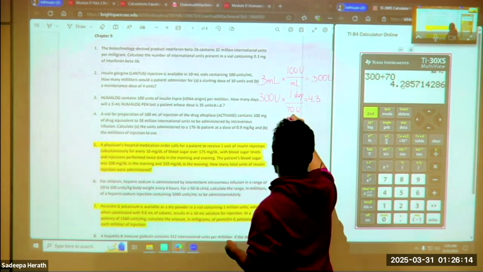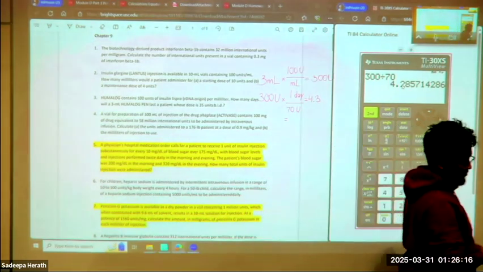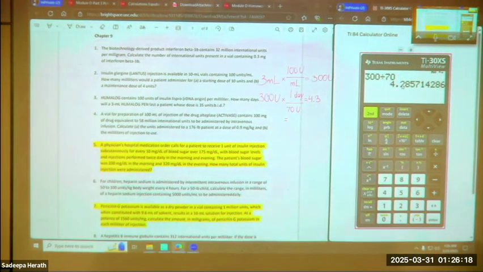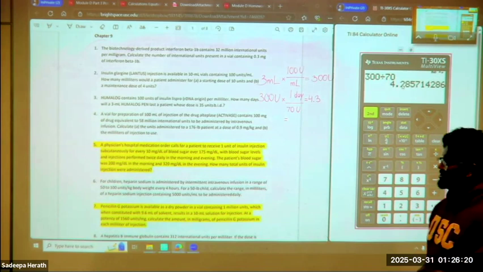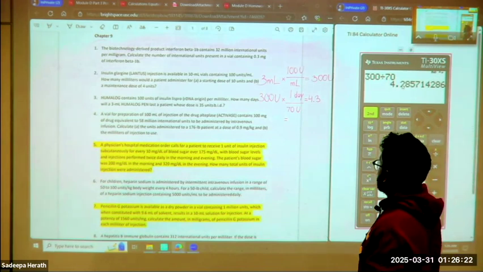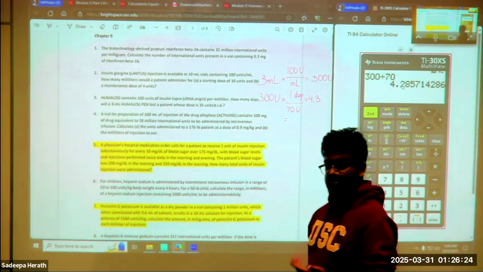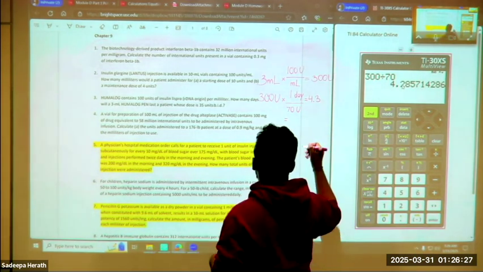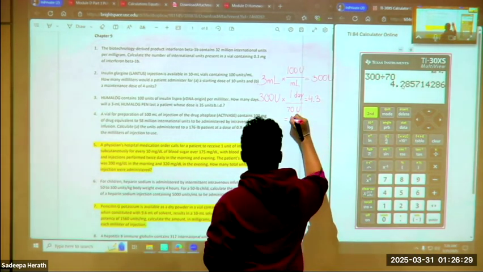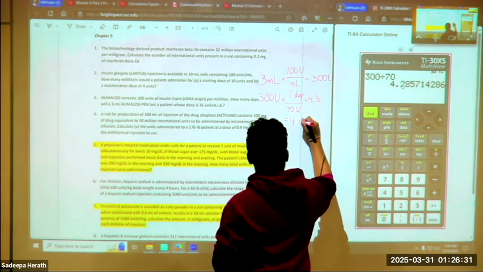Technically, you could say 5 or 4, but you're not going to effectively use a partial amount of insulin, so 4 days is probably more realistic.